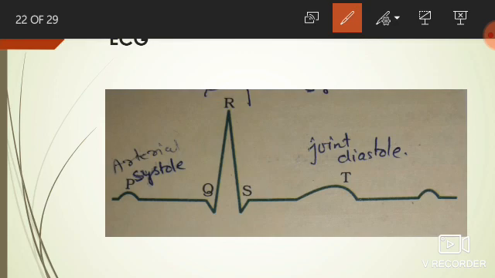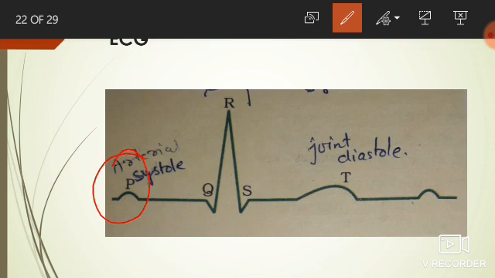So first of all is P wave. P wave represents the electrical excitation of the atria. Electrical excitation means depolarization of the atria, which leads to the contraction of both the atria.